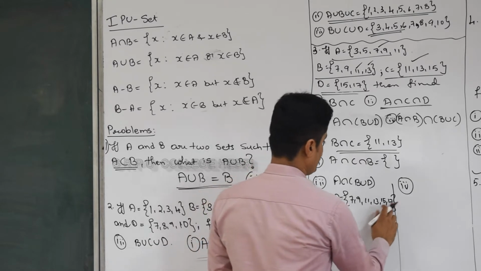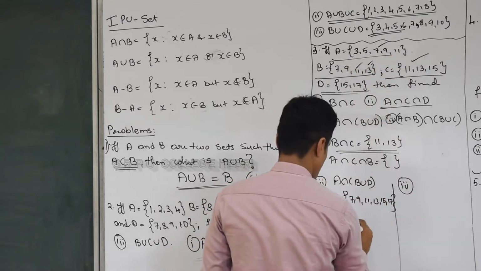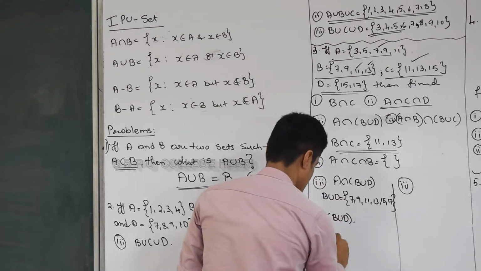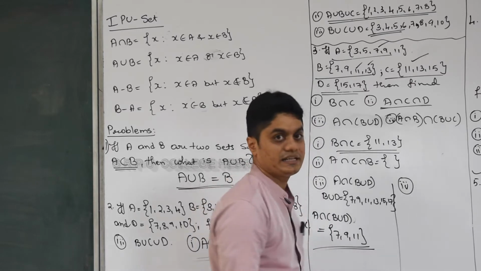B union D is 7, 9, 11, 13, 15, 17, and A is 3, 5, 7, 9, 11. So what is the answer? 7 is common, 9 is common, 11 is common. So the answer is 7, 9 and 11.